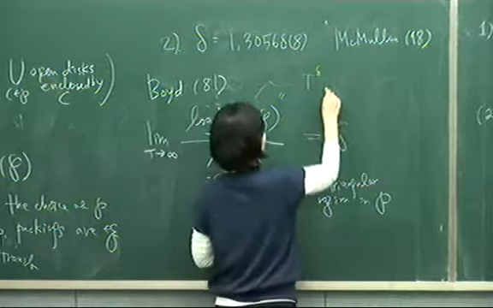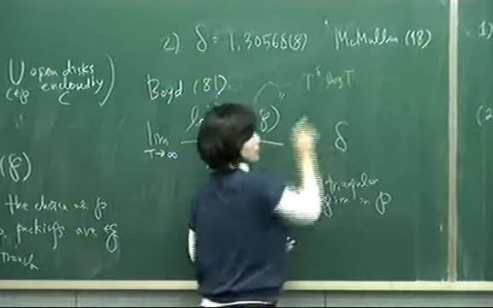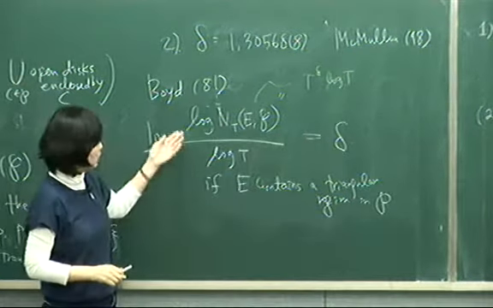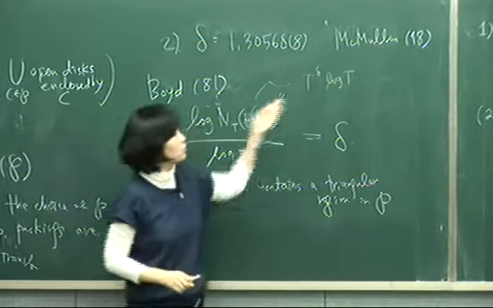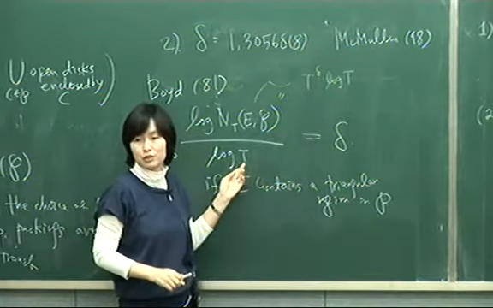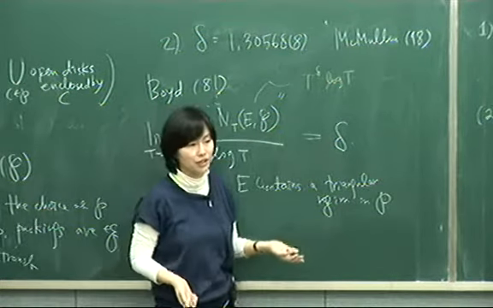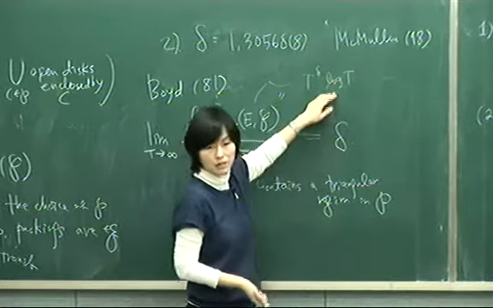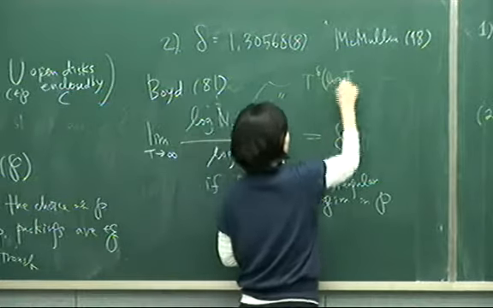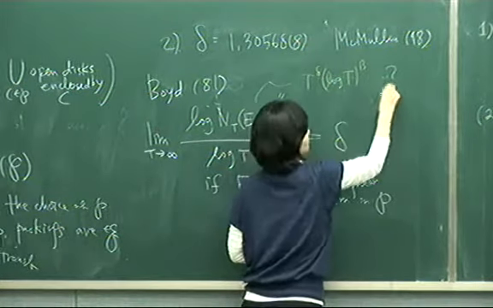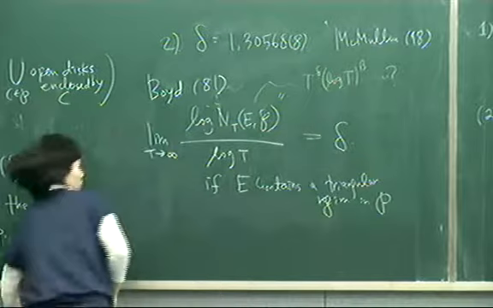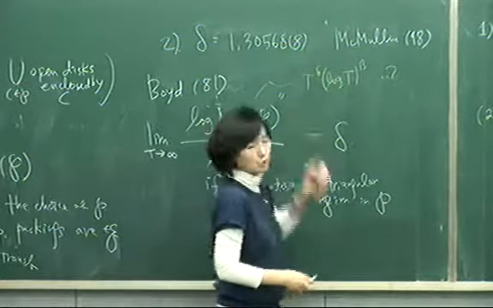You could also have T to the delta times log T. But then still, if you take a log, the log log T divided by log T will go to 0, so it also gives delta. So it does not say what the precise asymptotic is. Maybe it's T to the delta, or a log T to the beta, whatever. So what you prove is that, in fact, there is no log term.